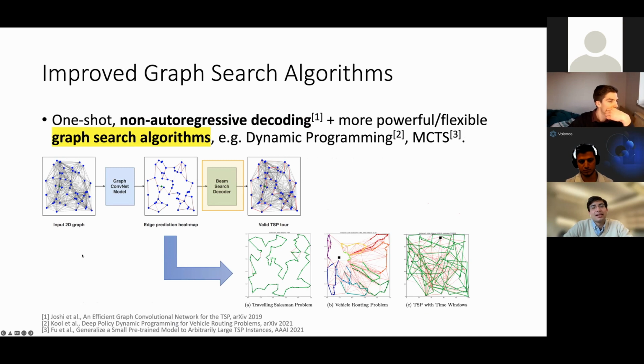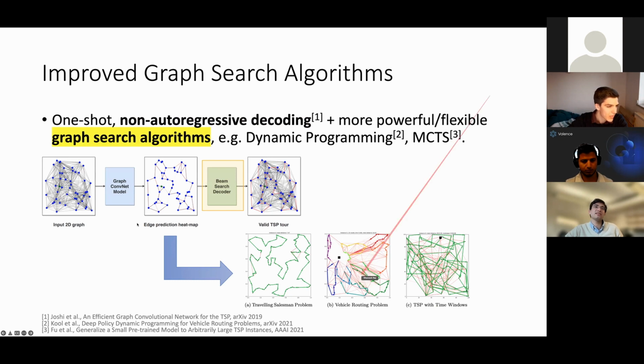Beyond geometric deep learning, there's also another big idea, which is the search algorithm. When we think about these GNN models, they're usually giving us a prediction, and then we have to use search to traverse this heat map.